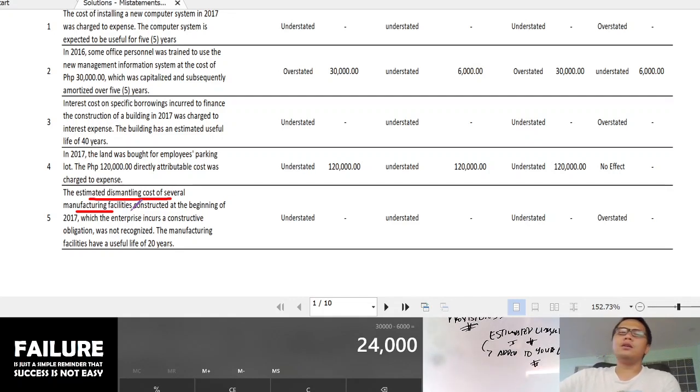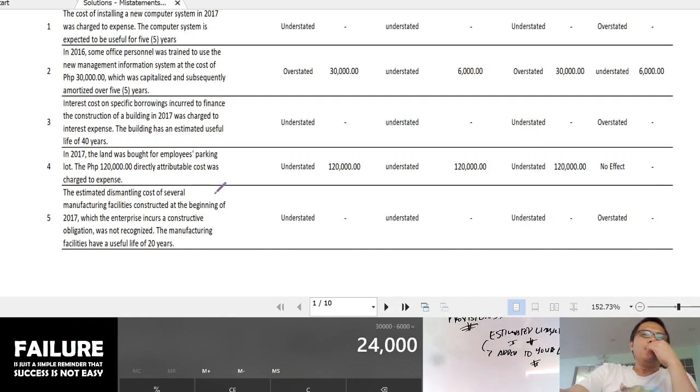Meaning, in essence, if there is a constructive obligation and you are required to recognize the estimated liability, the corresponding debit of that would basically be charged to the cost of your asset, or in short, this is a capitalizable cost.